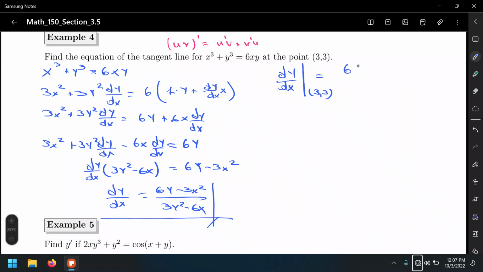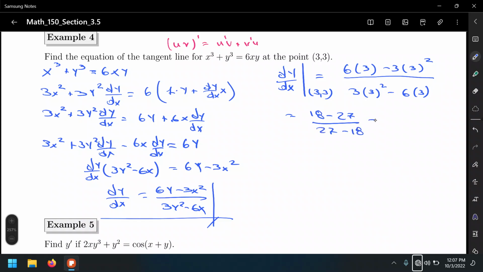So 6 times 3, that's 18, minus 3 times 3 squared, which is 9 times 3, that's minus 27, over 3 times 3 squared, that's 27, minus 18.